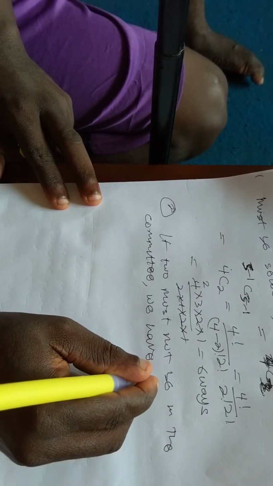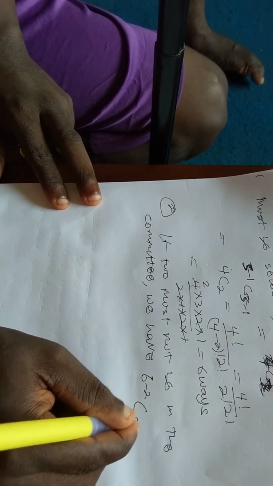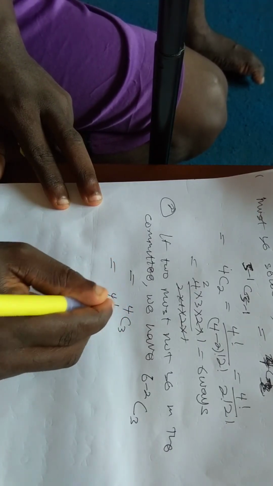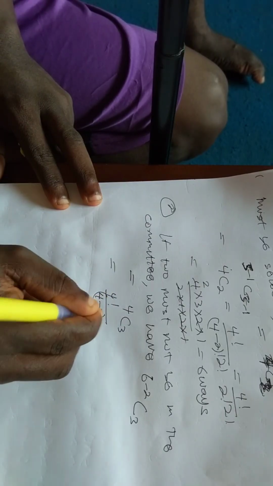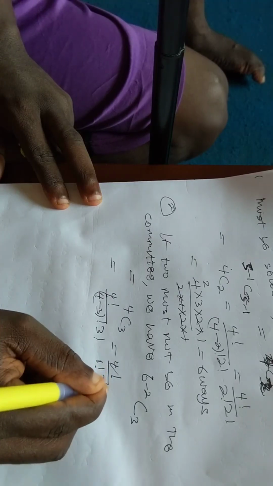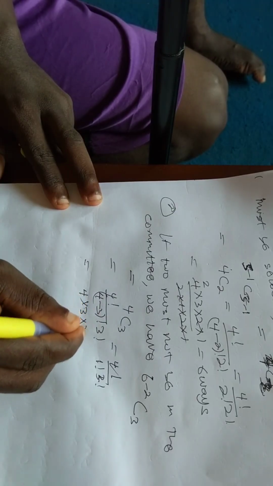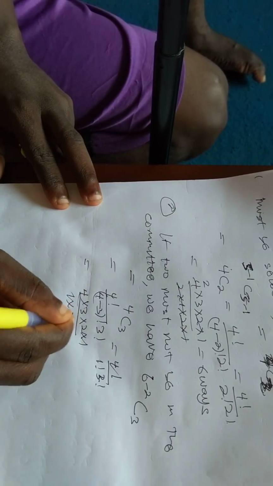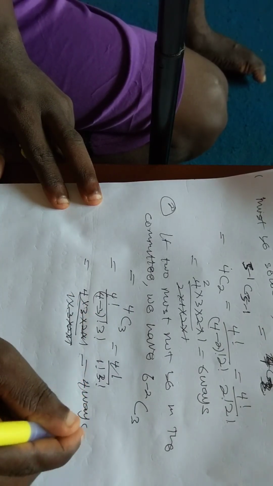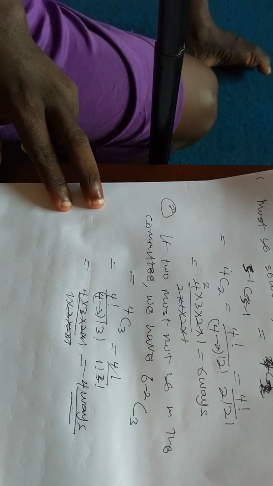So we have 6 minus 2 combination 3, which is 4 combination 3, 4 factorial over 4 minus 3 factorial times 3 factorial, 4 factorial over 1 factorial times 3 factorial, 4 times 3 times 2 times 1 over 1 times 3 times 2 times 1. So we have 4 ways.